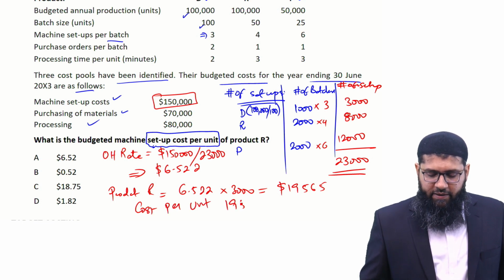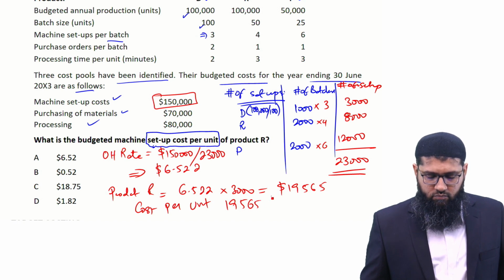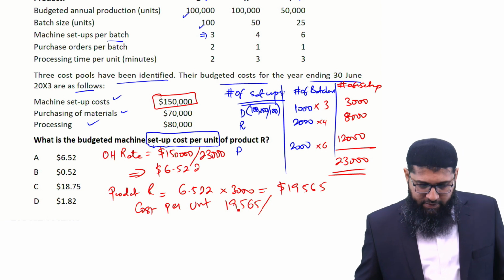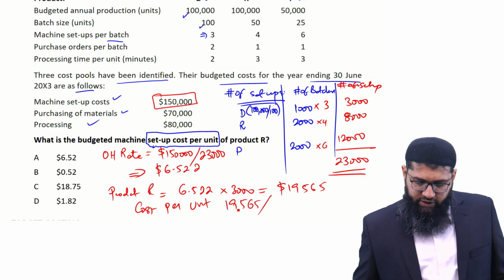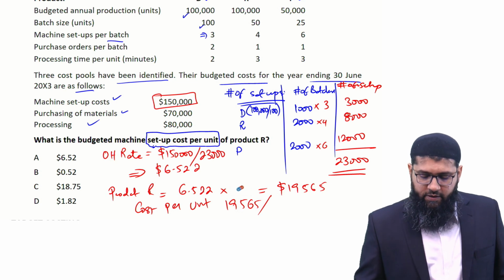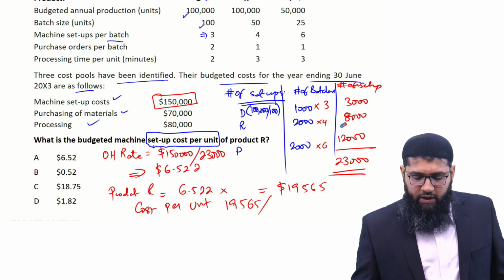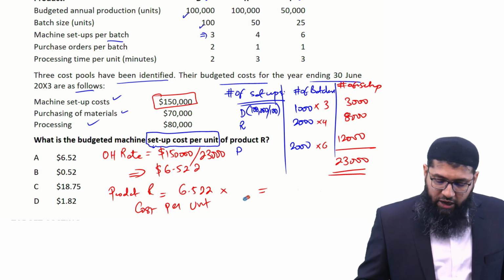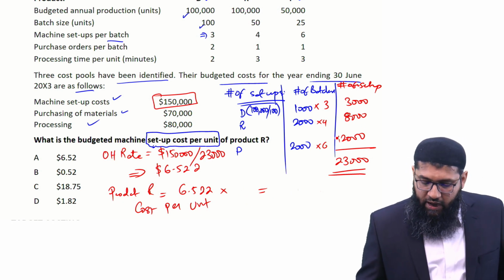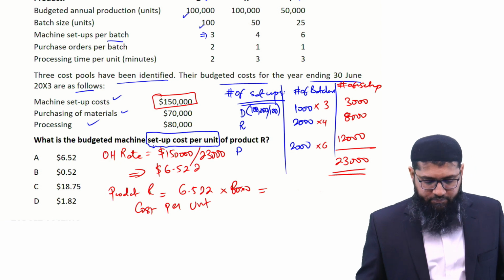Cost per unit is gonna be 19,565 divided by, sorry, I made a bit of a mistake. Instead of product R, I used the product D. Sorry about it. So I'm going to talk about the product R, which is 8,000.